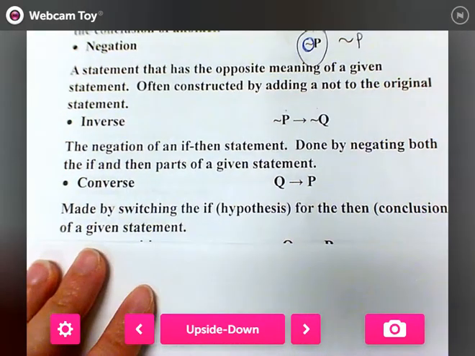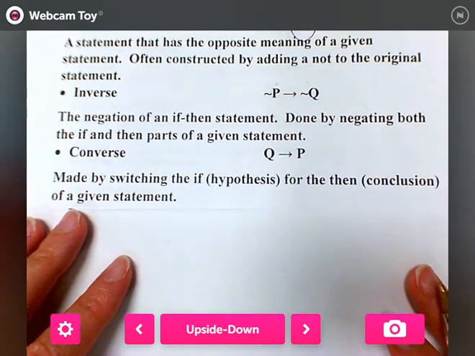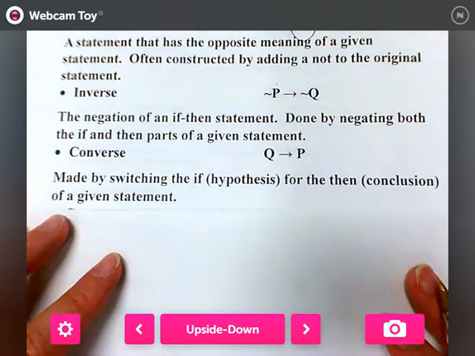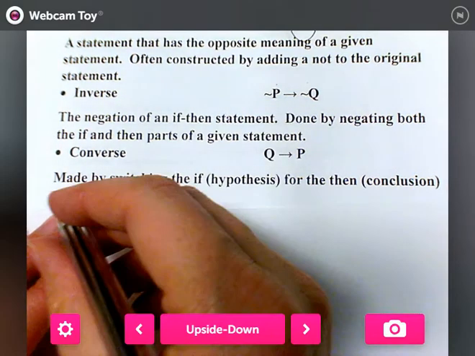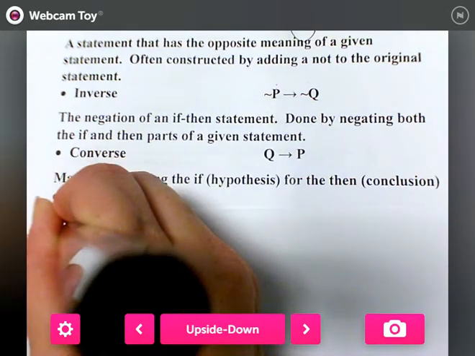Converse. Made by switching the hypothesis and conclusion of the if-then statement of a given statement, Q to P. So my example for converse, as you're writing that down, I'm going to write down the example.